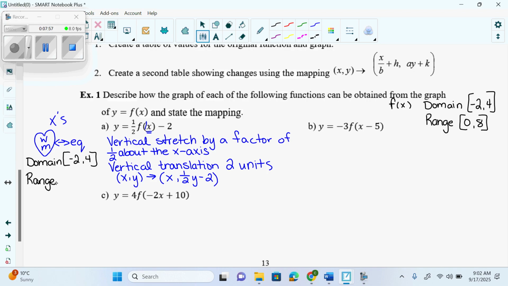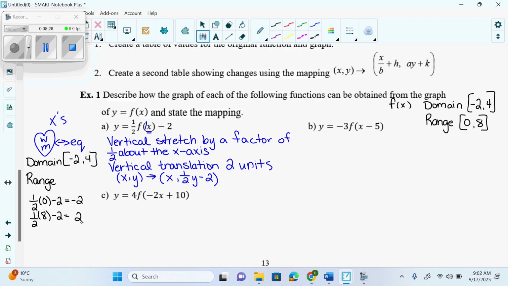Okay. So if I put the 0 in, I'm going to get 1/2 0 minus 2, which equals -2. And then I'm going to get 1/2 times 8 minus 2, which is 4 minus 2, which is 2. These always go low to high. Now think about this. If it reflects, your negatives are going to become positive, your positives are going to become negative, the numbers are actually going to flip.